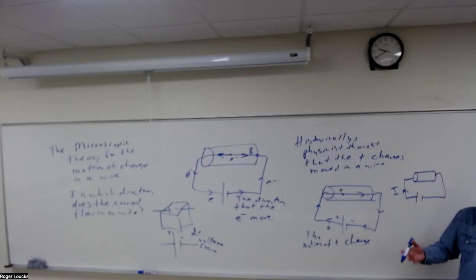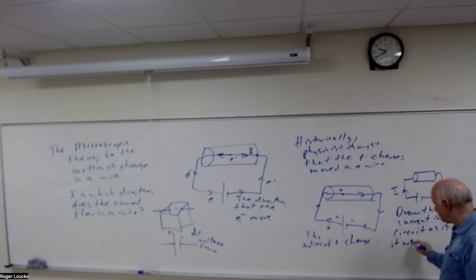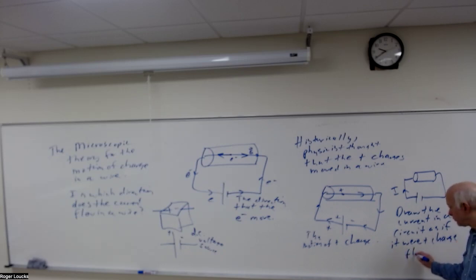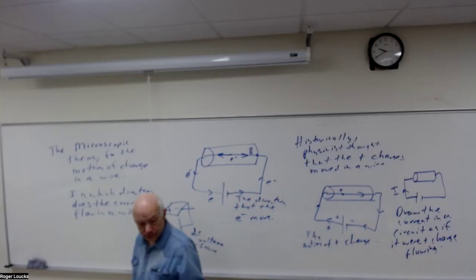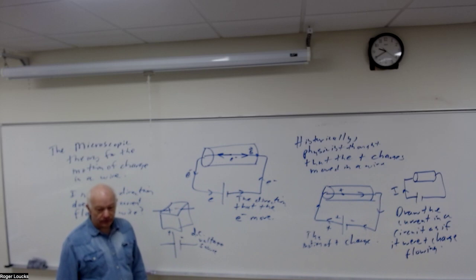And it's just the way it is. Okay, it's weird. So draw the current in a circuit as if positive charge moves. Everything is going to be set up for that, and it will make a difference when we do other things that you have the current like that, right?